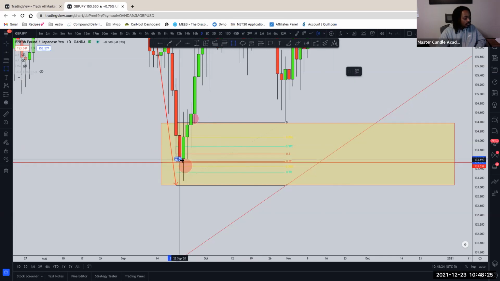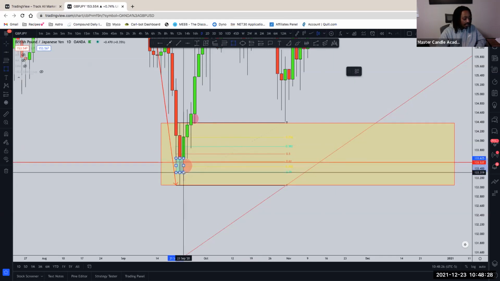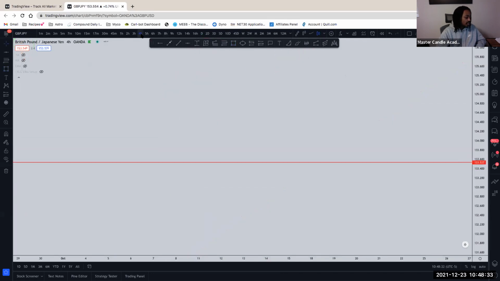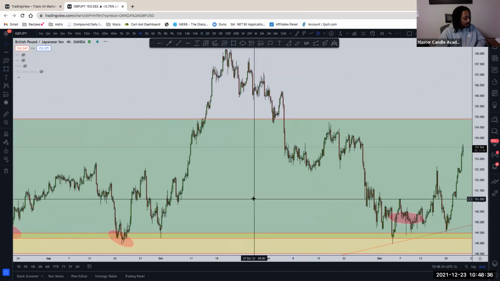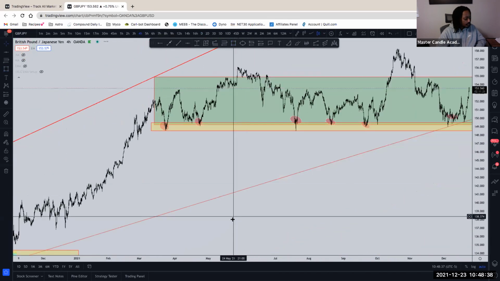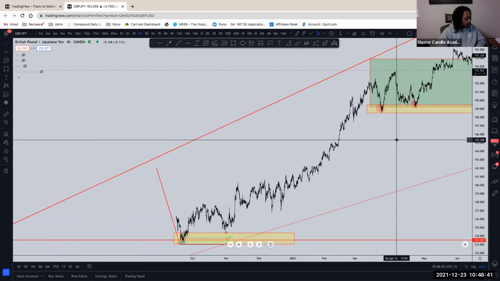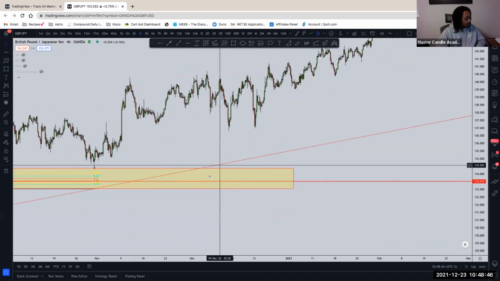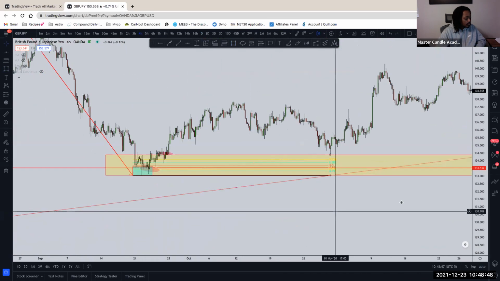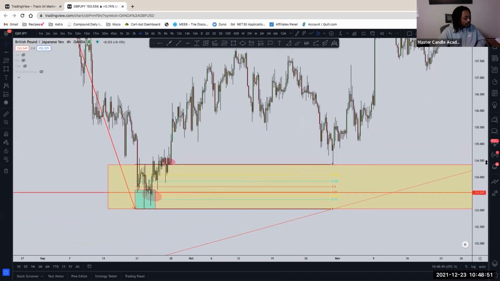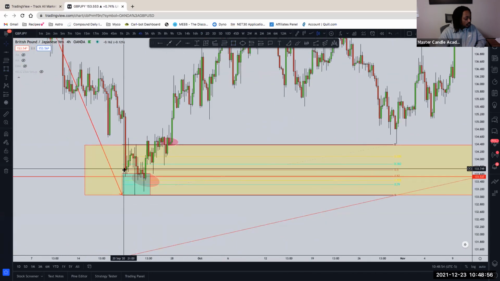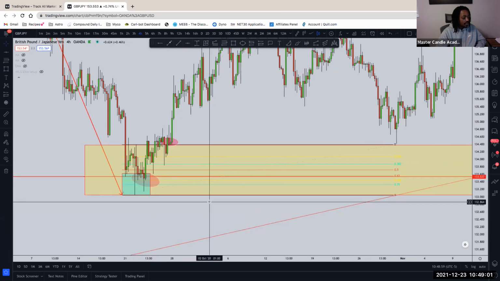I already know in this little area, I guarantee it, there is an engulfing candle. There's an order block. I don't even know what time frame. Let's go 4 hour. There's the order block candle there.